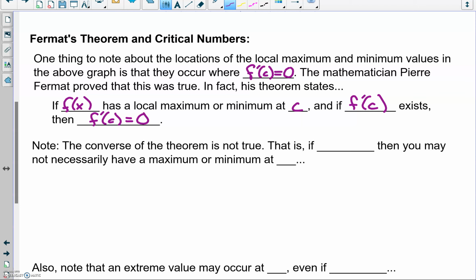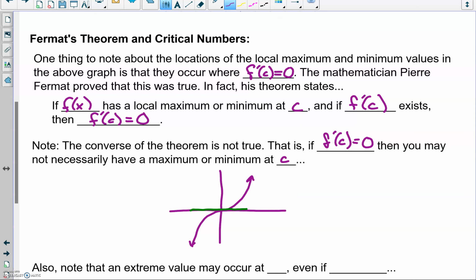The converse of the theorem is not true. That is, if you have f prime of c equal to 0, you may not necessarily have a maximum or minimum value at c. Again, x cubed is a classic example of this. Right here at the origin, you technically have a horizontal tangent line, and you don't end up with an extreme at that point.